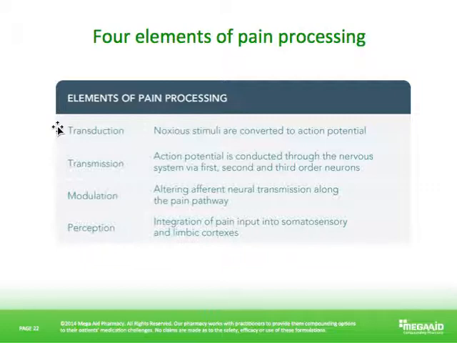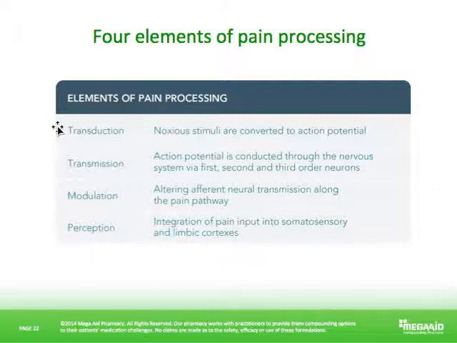So in order for you to perceive pain or to recognize the sensation of pain, you need to be able to transfer that information from the peripheral nervous system where this tissue damage happened, from your foot or from your hand, to the brain where the understanding or cognition of pain occurs.